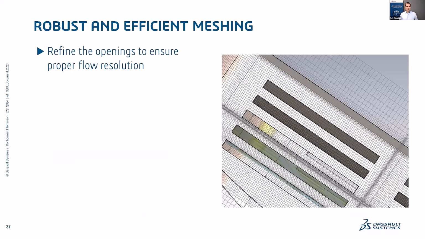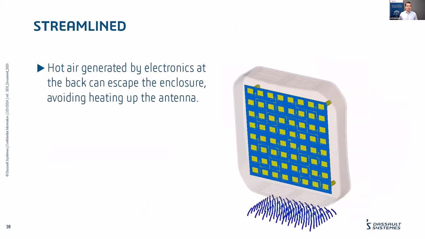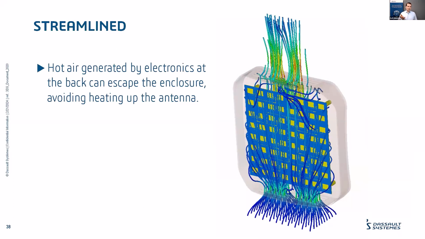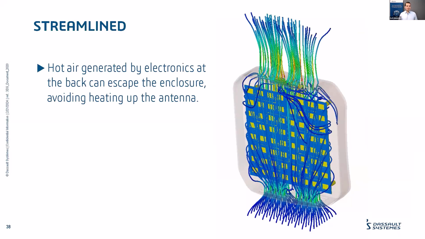So it probably makes sense to model the area of the slots explicitly instead of relying on a flow restriction sheet as we did before. And we can see the airflow very nicely goes through, is pulled in, exits there, will carry a lot of heat with it, of course. A few streamlines stay in there, but that's okay.